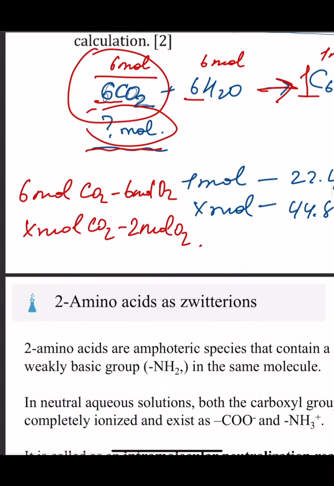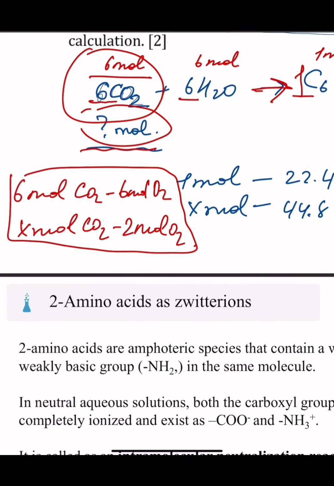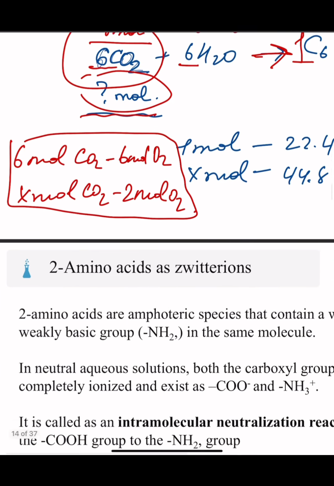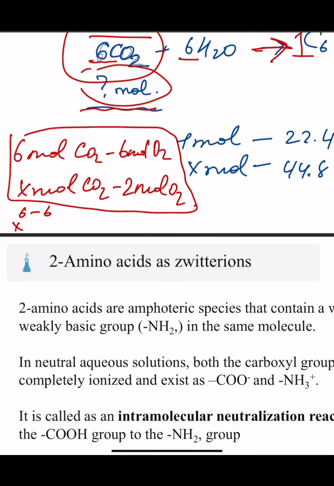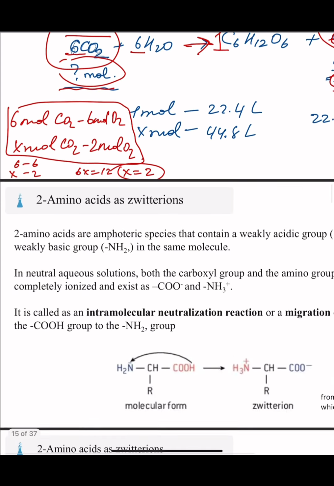All you need to do is construct the proportion: 6 gives 6, x gives 2, and 6x equals 12, x equals 2 moles. So you need to have 2 moles of CO2.